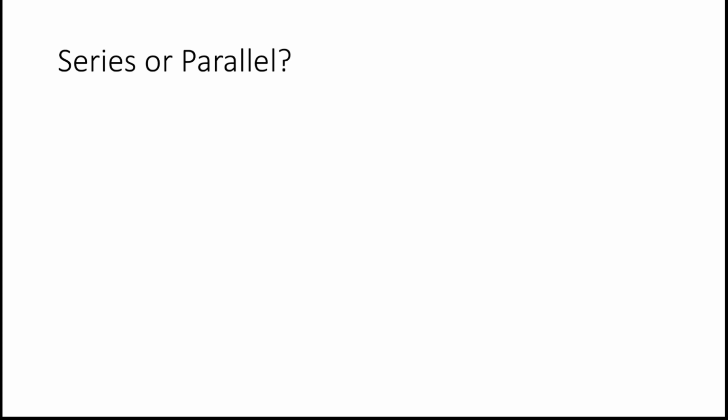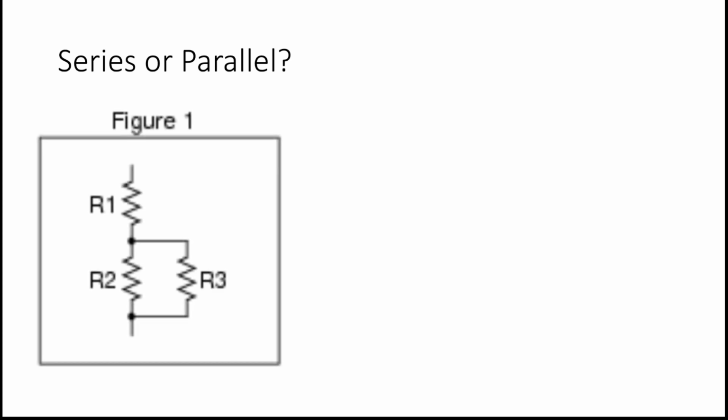Let's go over some examples of series or parallel. So for figure 1, we're given resistor 1, 2, and 3. So if we draw our line straight through resistor 1, we hit this node right here, and now we have two paths that current can flow, either straight down through resistor 2, or it can go over through resistor 3.